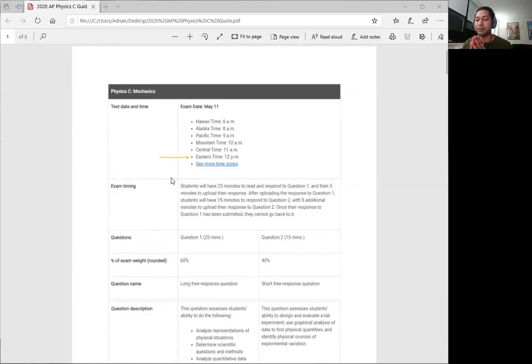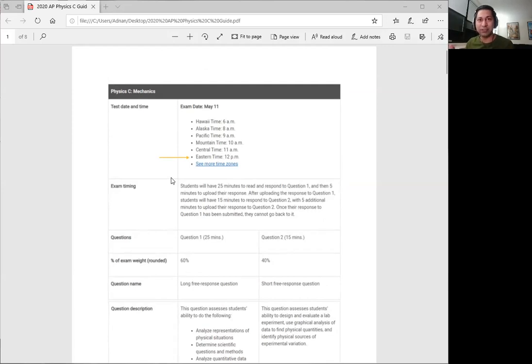So 2 days before the actual exam, College Board is going to send you an email with your AP ID and an e-ticket. So you're going to need both those to access your exam. Once you have those, keep them, because on the day of the test, 30 minutes before the test starts, you're going to sign in to your AP account.